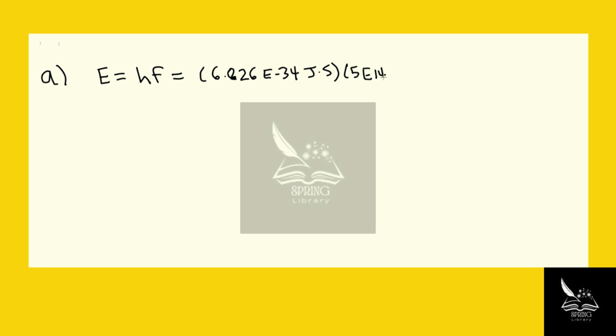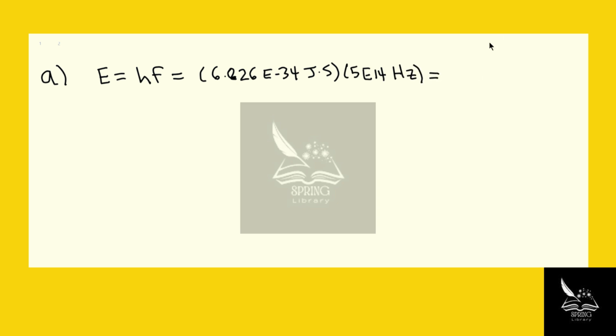So starting off, we can find the energy of a photon relatively straightforwardly. E equals hf. We are given the frequency of this bulb, so it's just a matter of plugging our numbers in. 6.626 e to the negative 34 joule seconds multiplied by our quoted frequency, which is 5 times 10 to the 14 hertz.